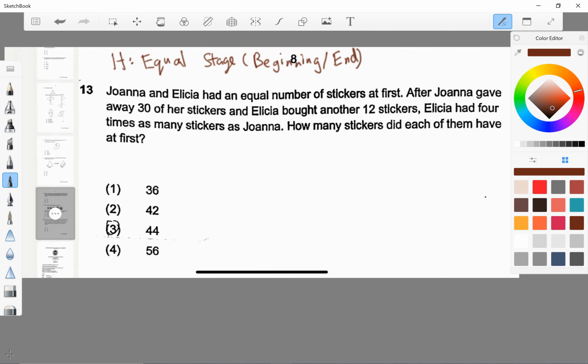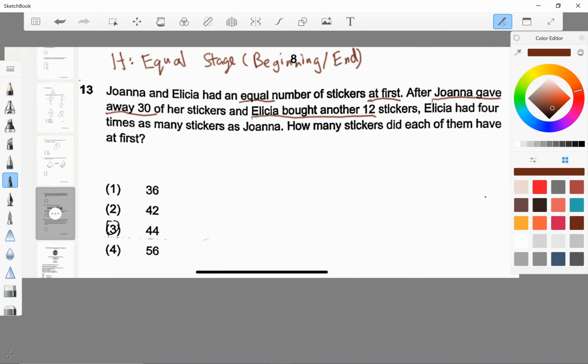There is a very important key phrase. If you like to read it together with me, it goes like this: Joanna and Elisha had an equal number of stickers at first. So equal at first. Joanna gave away 30 and Elisha bought another 12.